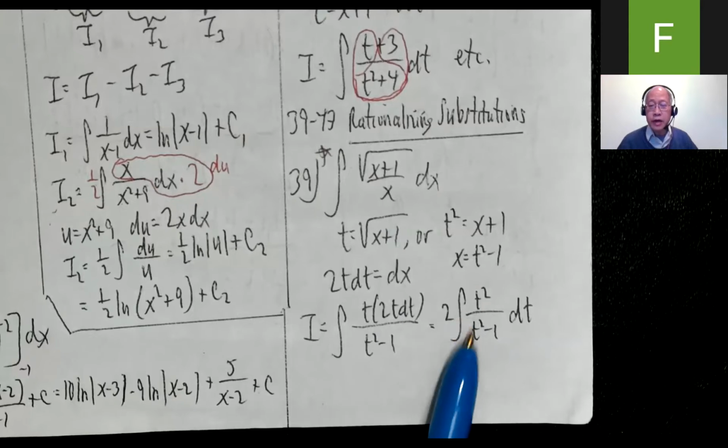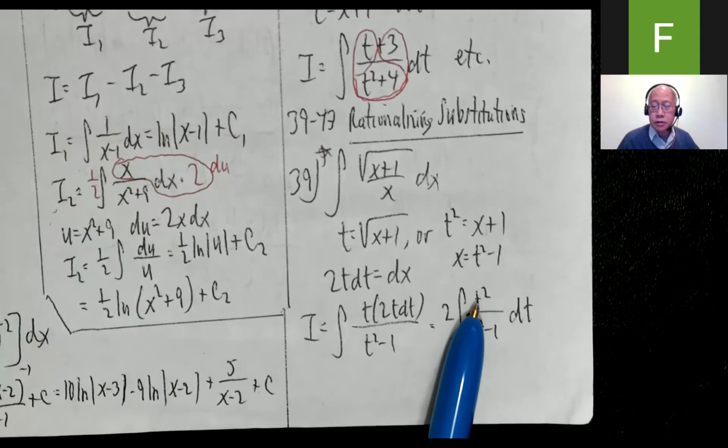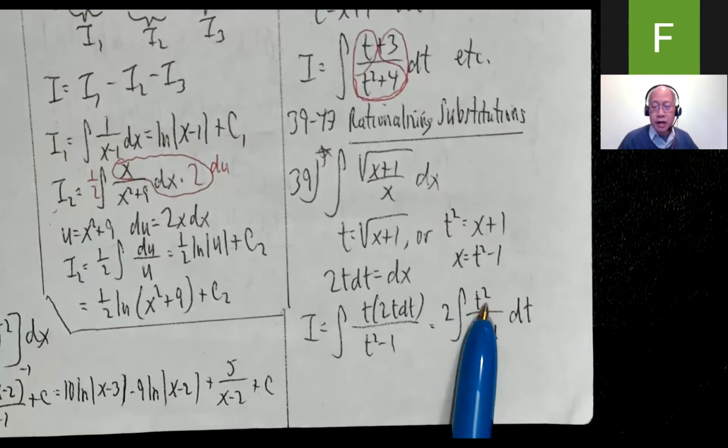Now this one I could do the long division if I wanted to, but I'll show you a trick that is often useful. See how the top and the bottom are almost the same? t squared minus 1. The trick is to go ahead and make them the same and then just compensate. In other words, on top, I'll just go ahead and put minus 1, so they'll cancel out. You say, well, that's not fair.